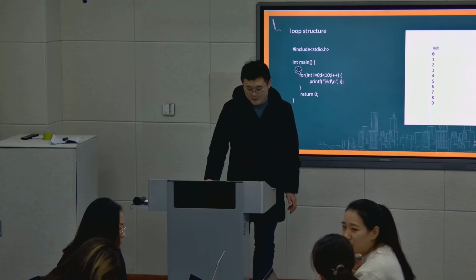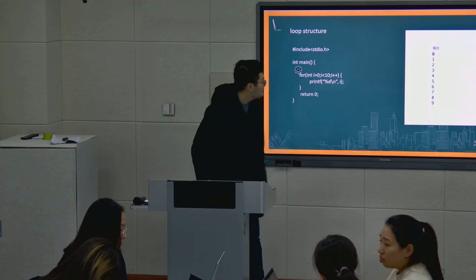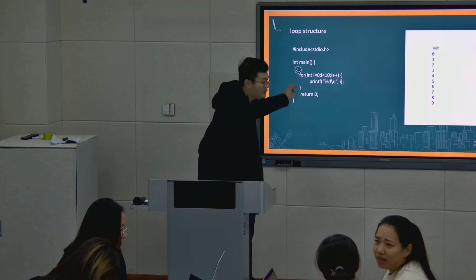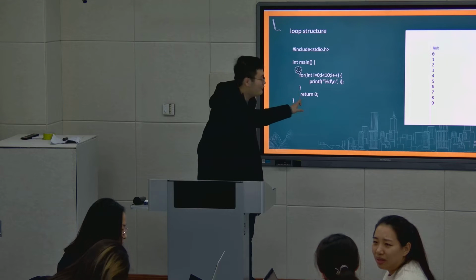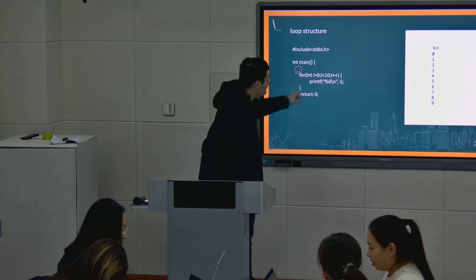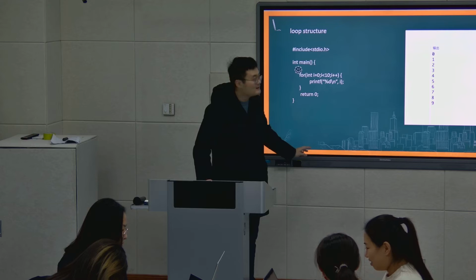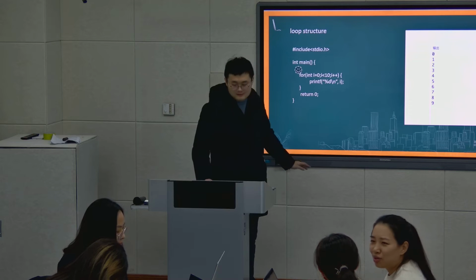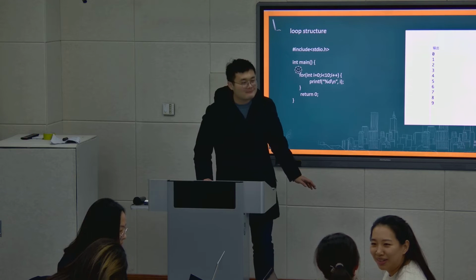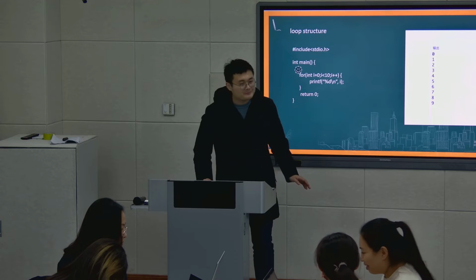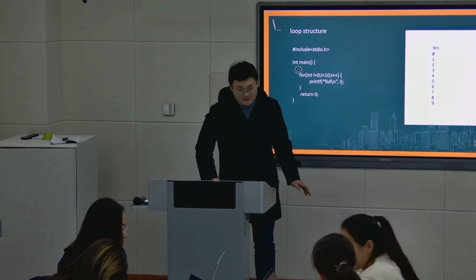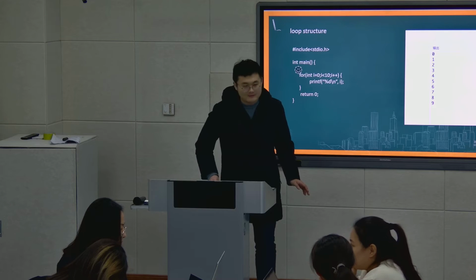We use the for loop to repeat this part from the for to the bracket before the return. Repeat, and repeat. Just repeat 10 times, right? So after 10 times, we output 10 results. And every repeat outputs a result, right?